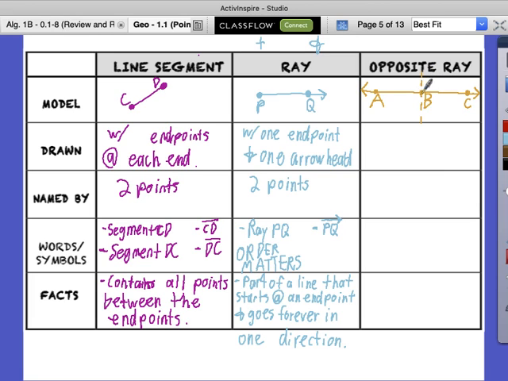Pay very close attention to the fact that this dashed line and B are at the same spot. The dashed line goes through B. Pay very special attention to that. It's very specific for a reason.